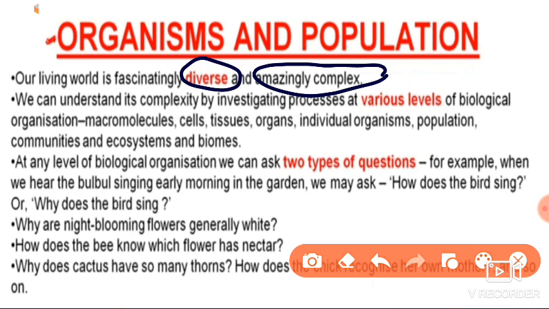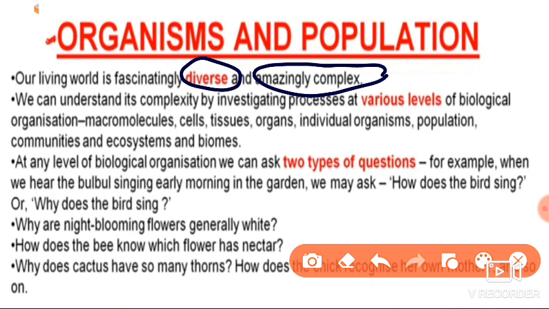In arthropoda, so many, 75% of animal diversity belongs to arthropoda, because there are so many small species, so many small insects. Diversity is very huge, especially insects.